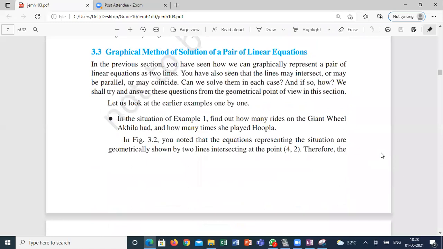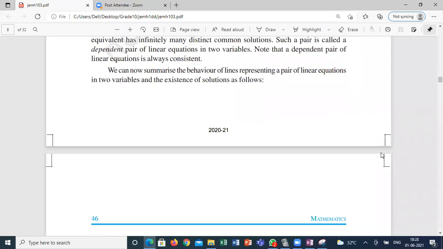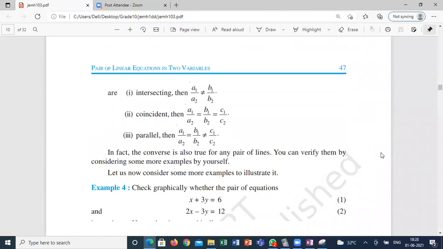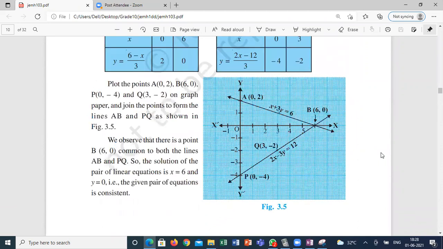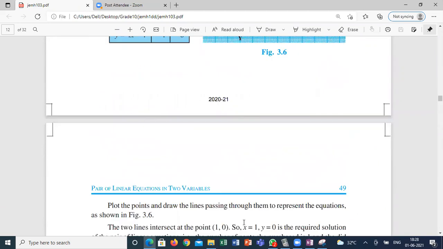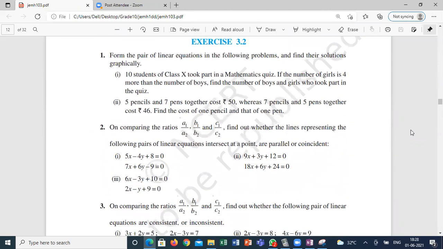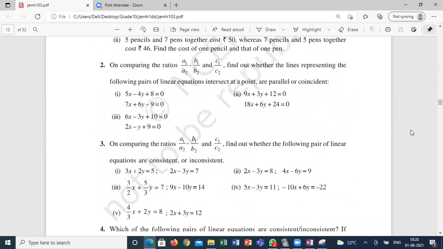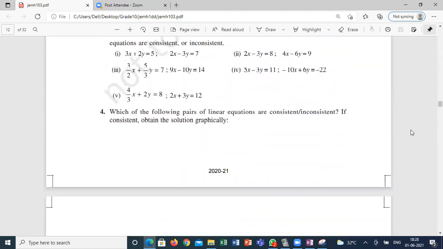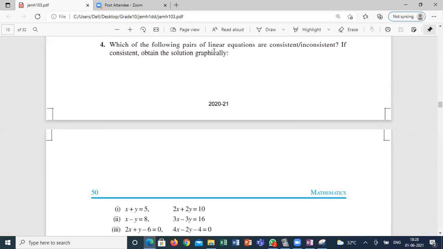But the second exercise, I told you, we have different methods to solve the given pair of linear equations. In the second exercise, they will give the equations, they will ask us to compare A1 by A2, B1 by B2, C1 by C2, or they will ask us to draw solutions graphically.